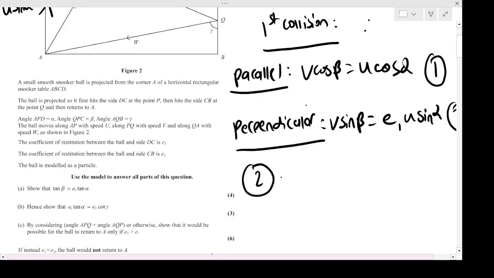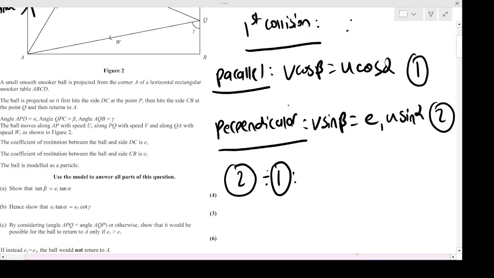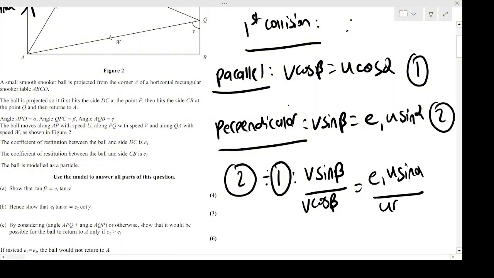Right. So if I now just divide the two equations, I get V sine beta over V cos beta to be E1 U sine alpha over U cos alpha.